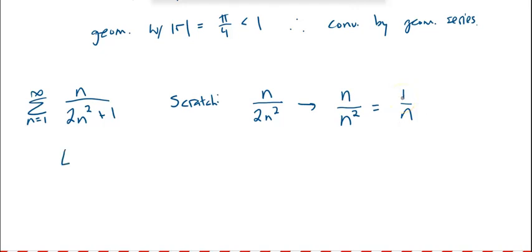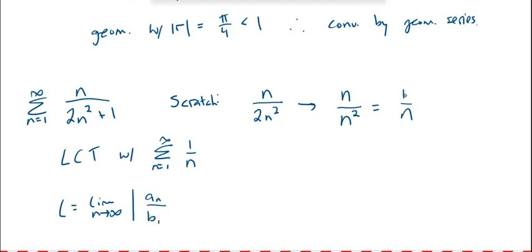So I am going to use LCT with the series sigma n equals 1 to infinity of this thing right here that I just did the scratch work for, 1 over n. So if I do that, I get L equals limit as n goes to infinity of absolute value of an over bn.